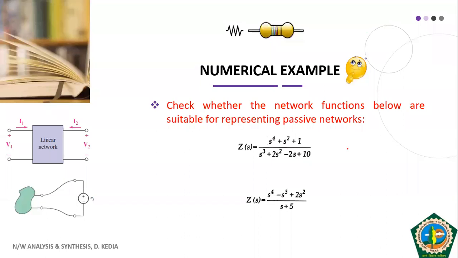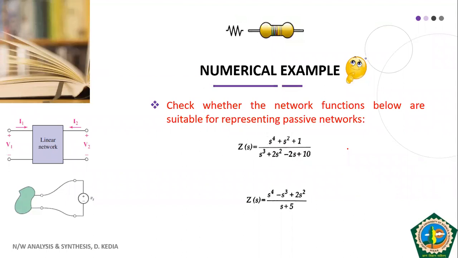Okay, students, now after looking at the conditions or the restrictions on the location of poles and zeros in the previous slide, we have to check whether the network functions that we have shown below are suitable for representation or not. So here we will have to apply those conditions and determine whether our network is representable or not.